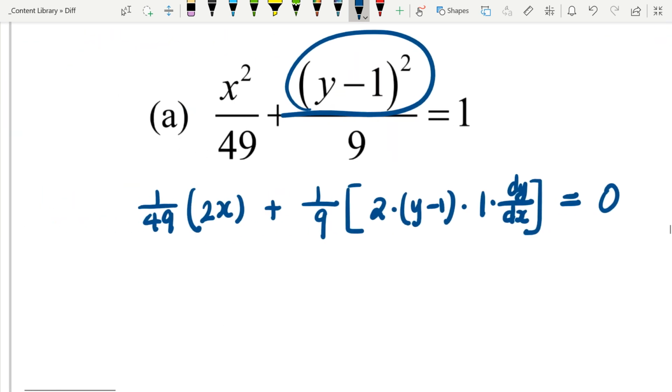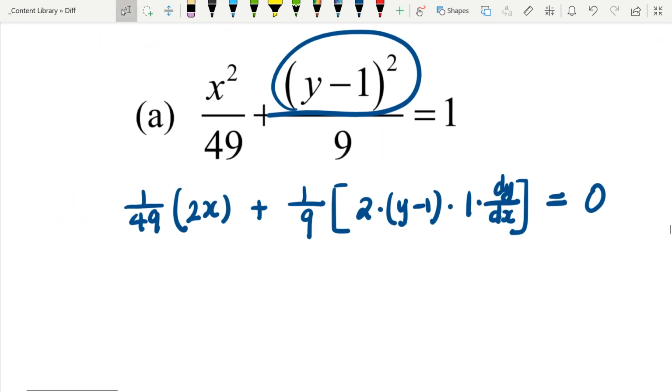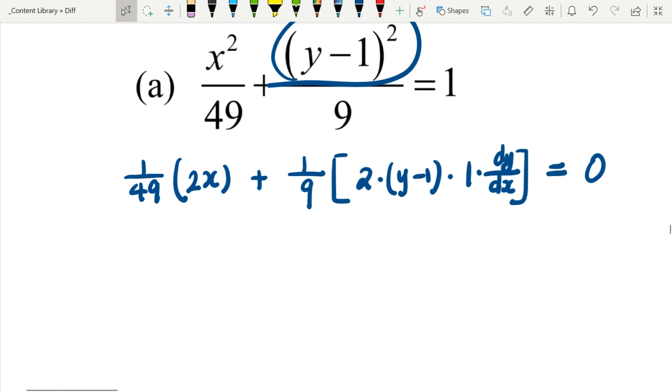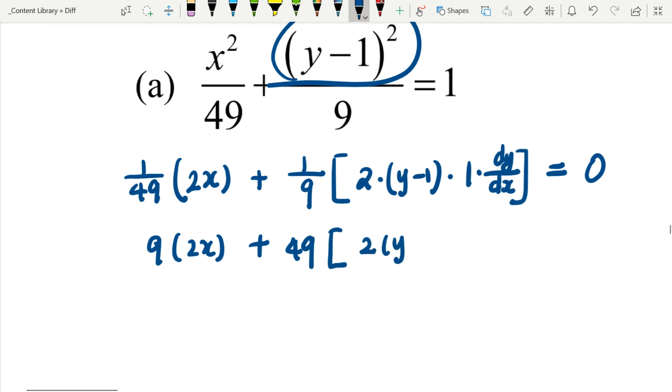Okay. And you can rearrange it to make dy dx the subject. Probably I will times 49 times 9 first on both sides, and that becomes 9 times 2x plus 49 times 2y minus 1 dy dx.